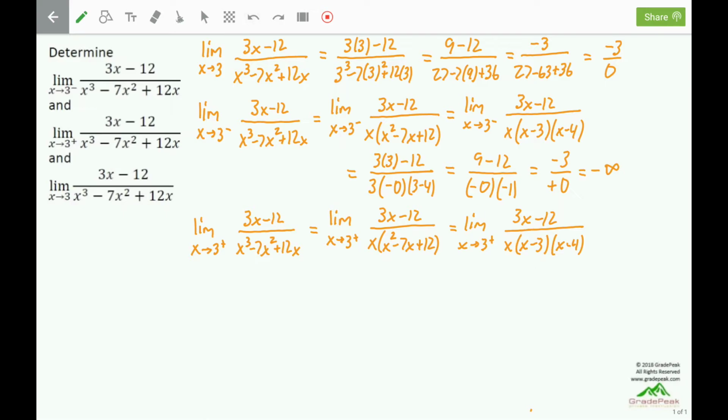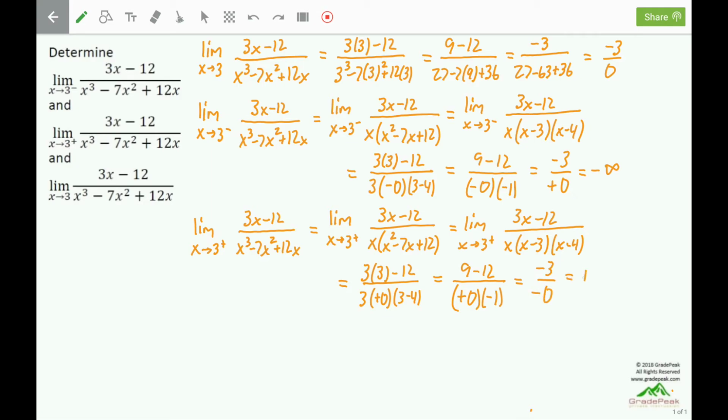And a 3 can be plugged in for all remaining x's. That will give 3 times 3 minus 12 divided by 3 times a positive 0 times 3 minus 4. 3 times 3 is 9 minus 12, divided by 3 times a positive 0, which is a positive 0. 3 minus 4 will be a negative 1. 9 minus 12 is a negative 3, divided by a positive times a negative, which is a negative. 0 times 1 is 0.